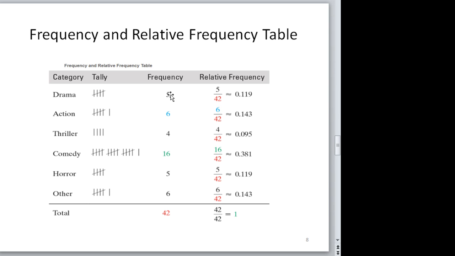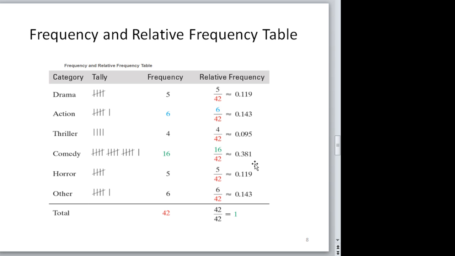So 5 out of 42, if you just type it in your calculator, you have 0.119, which is about 11.9%, right? This is how you convert this to a percent. 0.119 means 11.9%. What about the most popular, comedy? 16 out of 42, that's 38.1%, right?